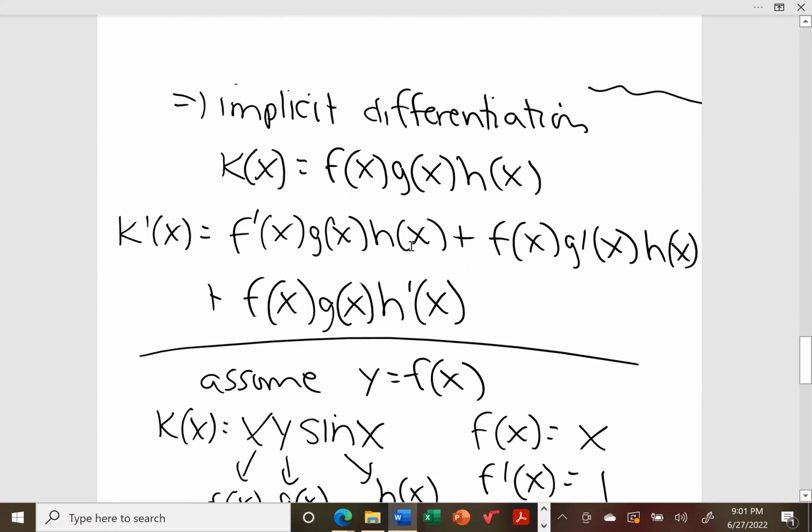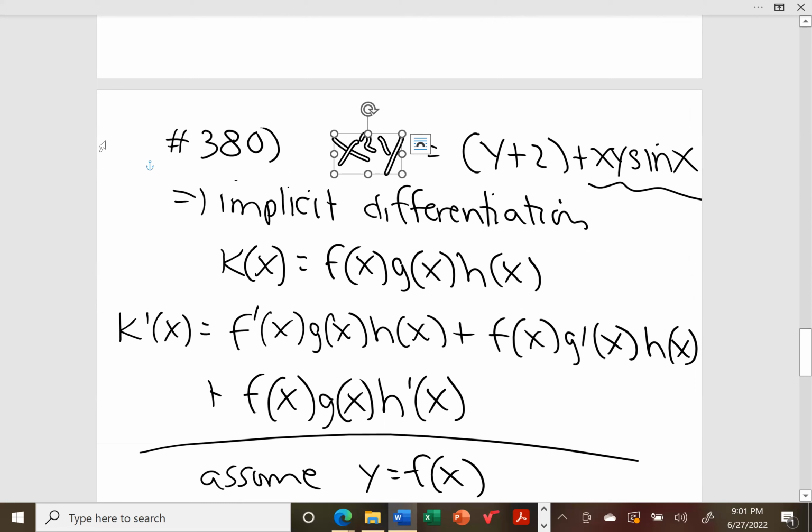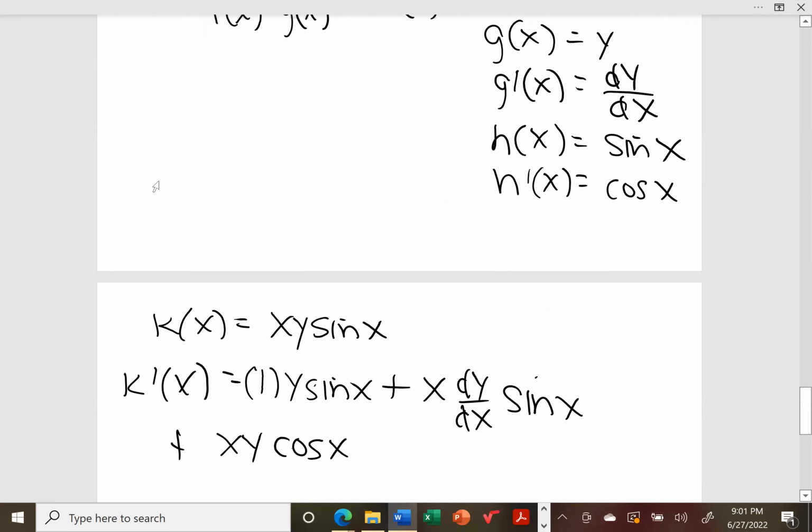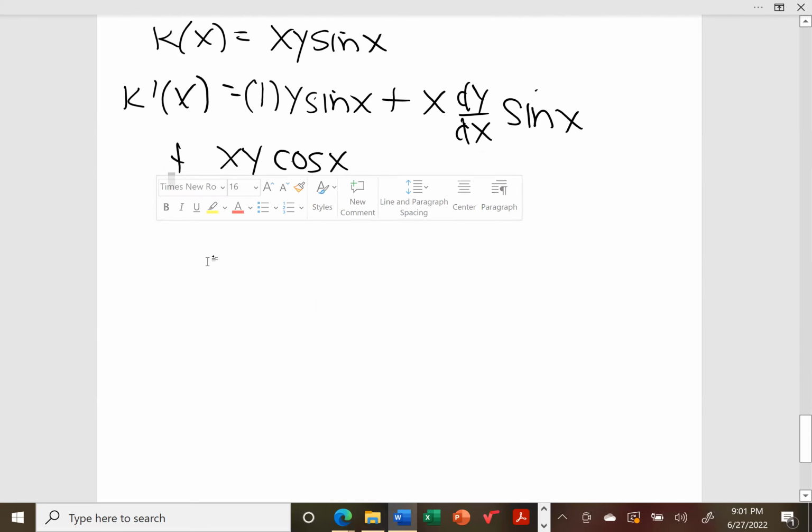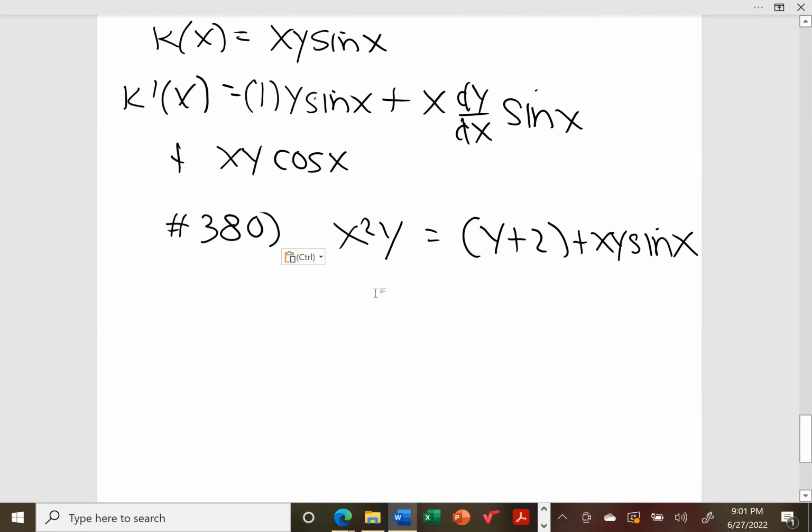Okay, so when we get the whole thing together, remember, this is still implicit differentiation. So how do we treat this? Here we have a product rule.